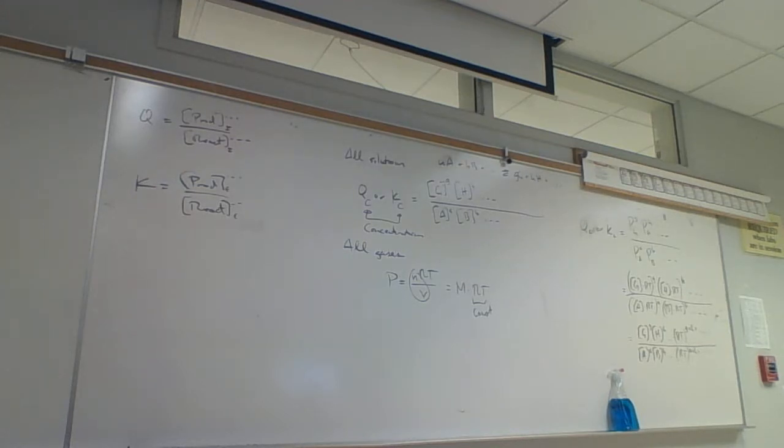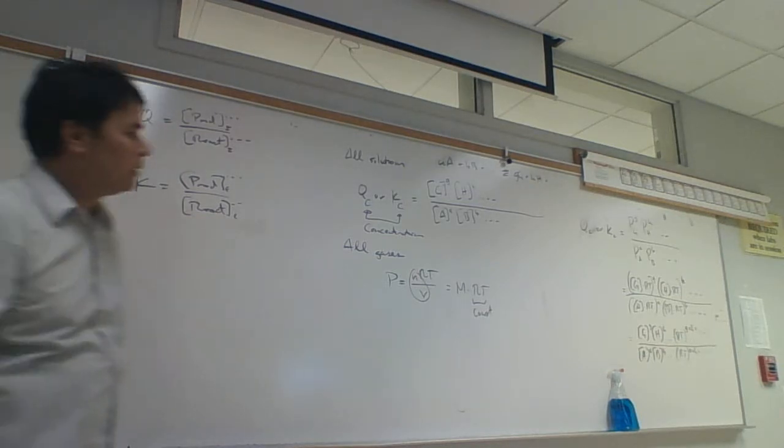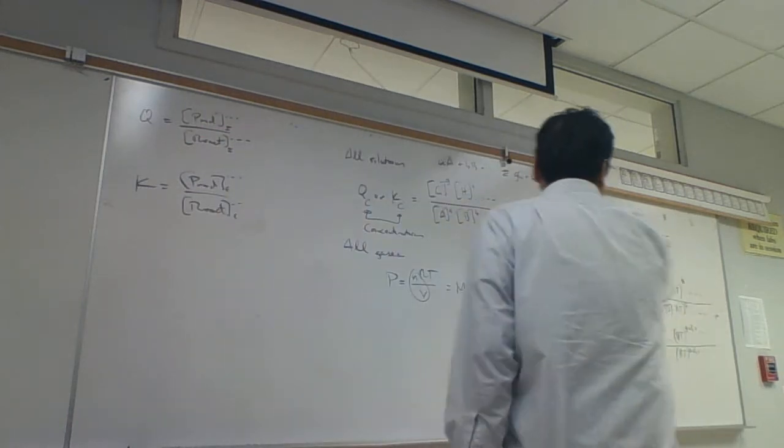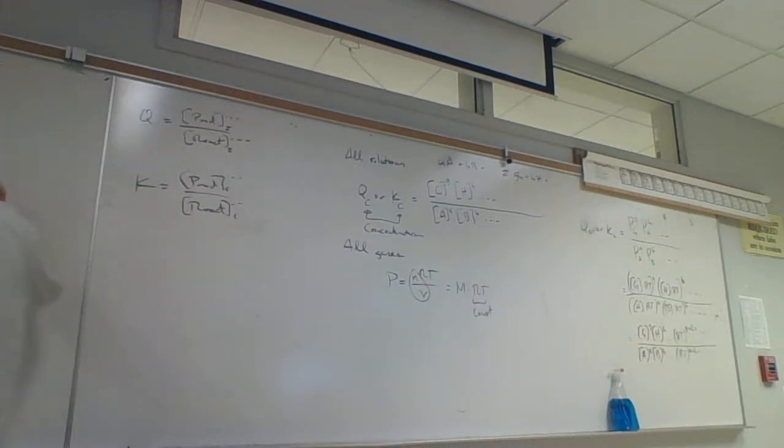And so what I'm going to get here is that Kp is equal to, well, the first term there is Kc. So Kp is equal to Kc times RT. And what I'll do is I'll just do this. If I look at the G, H, I, that's the sum of moles of gas of the product, that would be G plus H plus I, minus the sum of the moles of gas of the reactants.